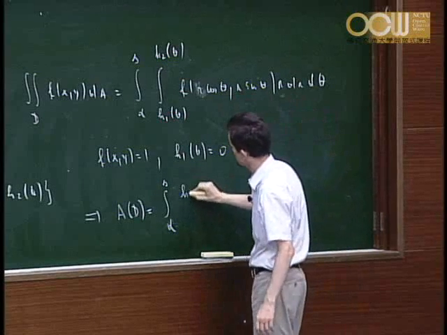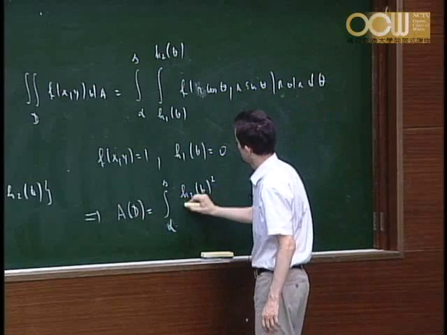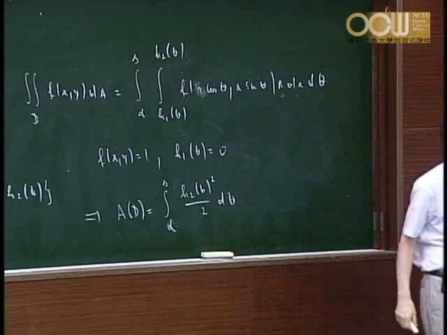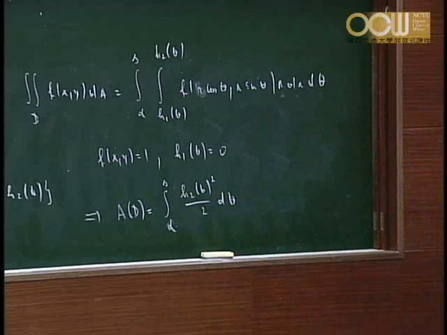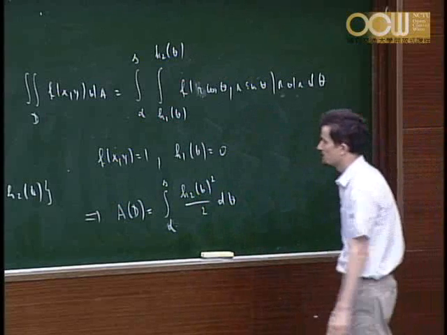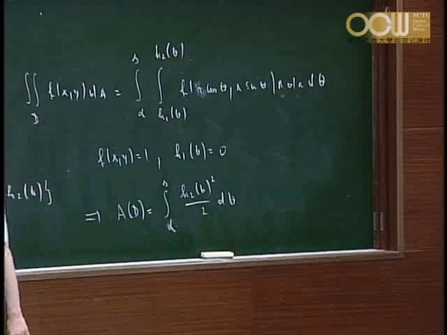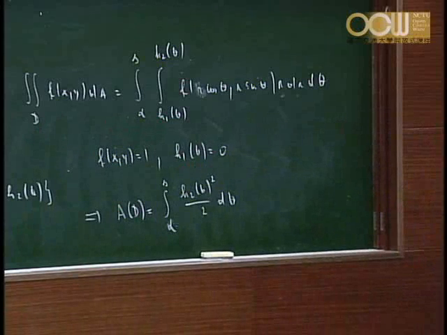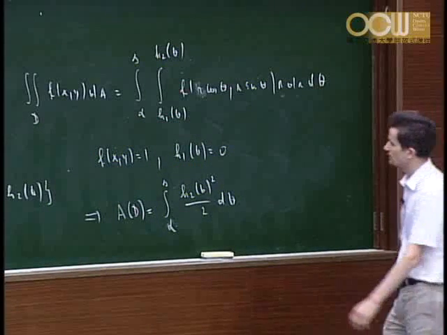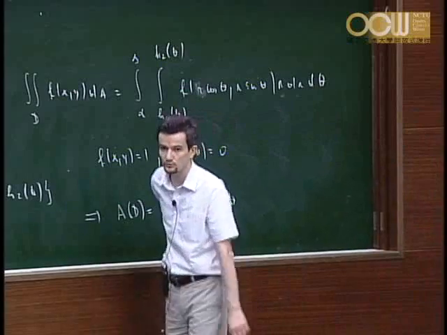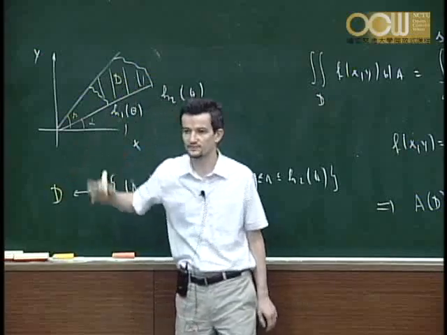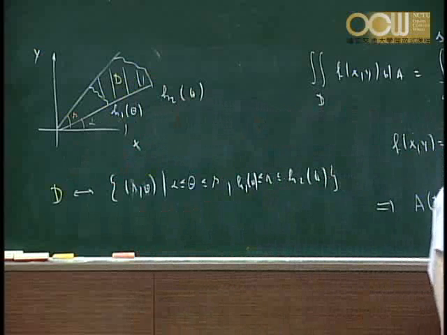So what we have is h2 of theta square half d theta, and this is a formula we already found last semester when we computed areas of plane regions. So you can use a double integral, but it should be pretty clear to find areas of such regions just by setting the function equal to 1.